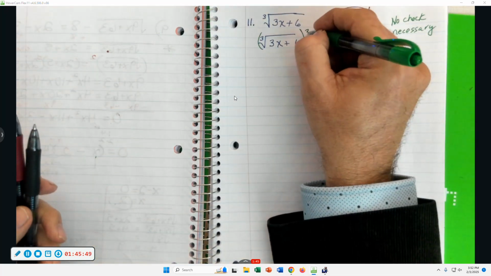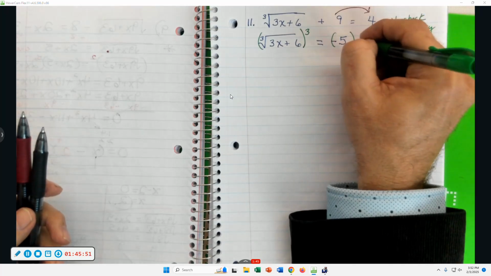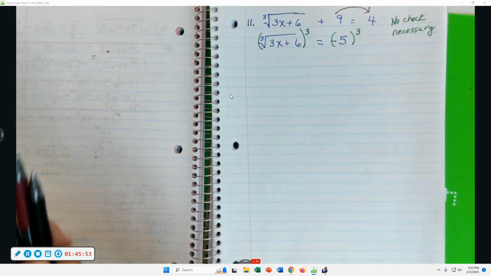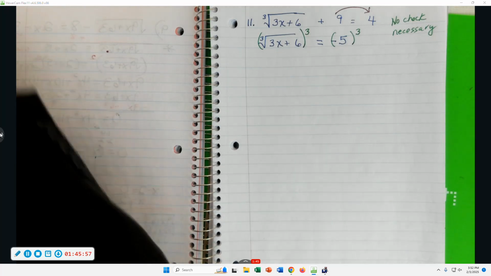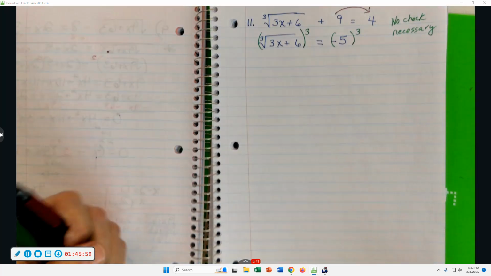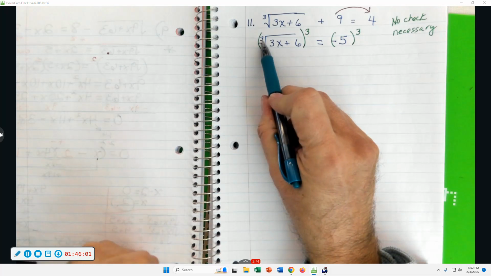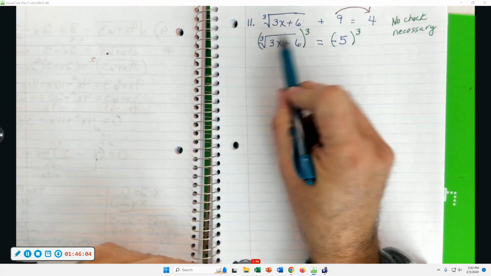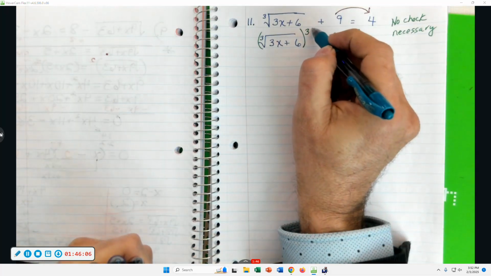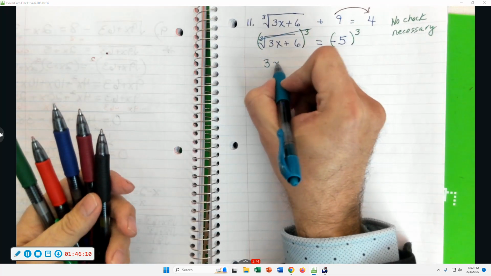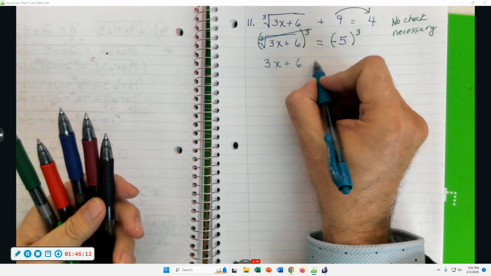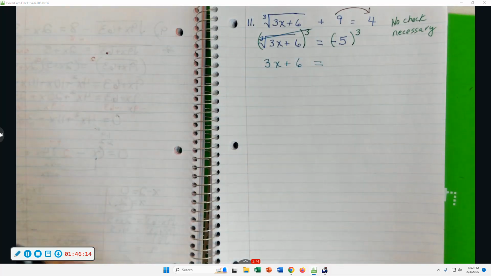I'm going to cube both sides. Be careful, the right-hand side is not going to be negative 15. We'll get there in a moment. On the left, what's that going to reduce to? 3x plus 6. Good. And I said it's not going to be negative 15.